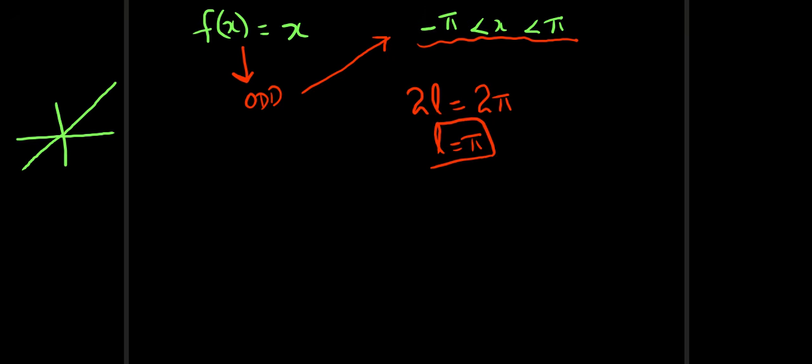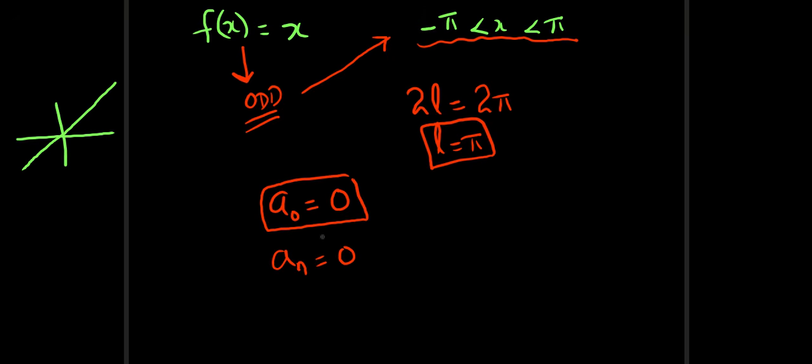I'll repeat, we have an odd function and we have the limits in the form minus L to L. Wow, that's really good, because I'm not going to calculate a0 and I'm not planning to calculate an, because I know if I calculate I will end up with 0. So the only thing I'm planning to calculate now is bn. We'll do that on the next page.